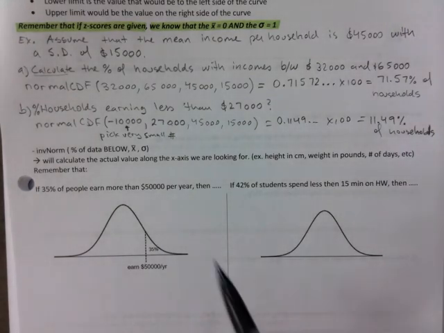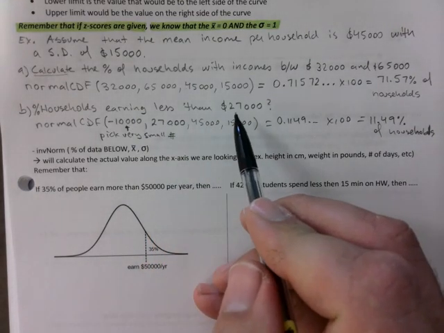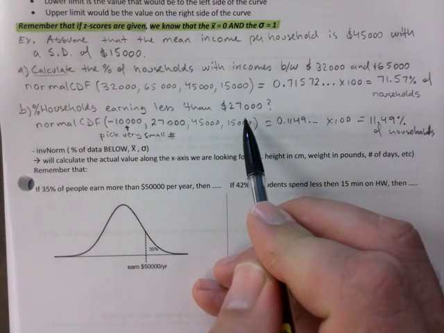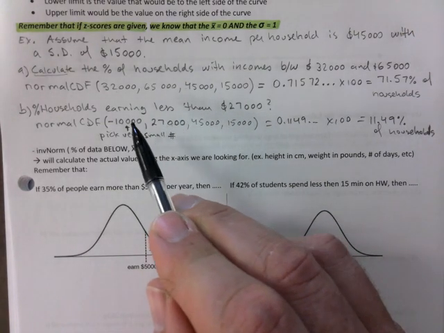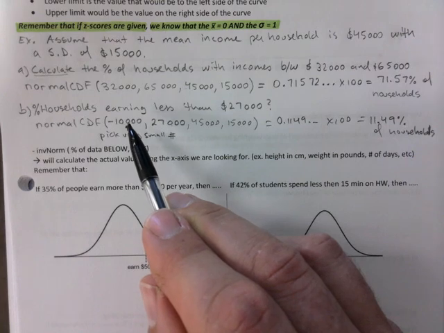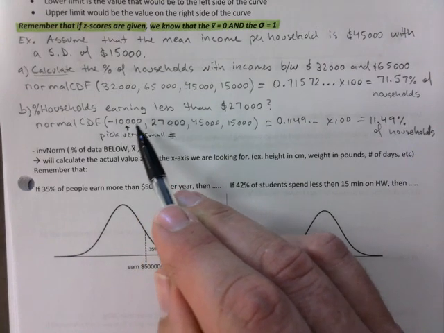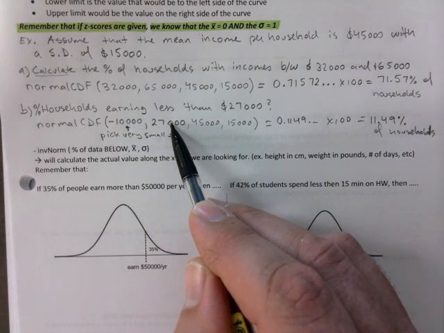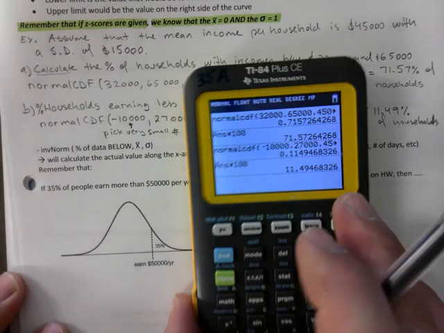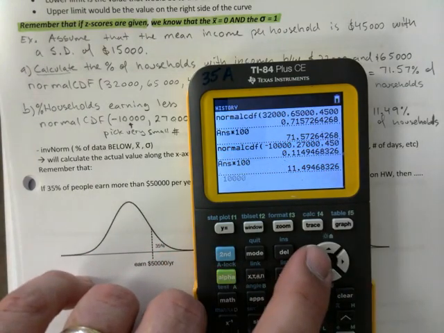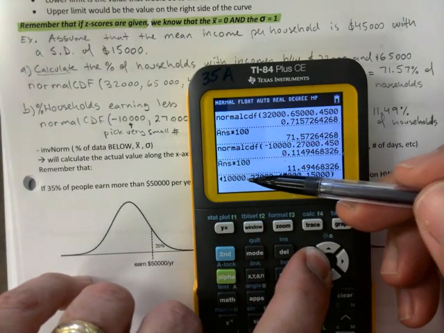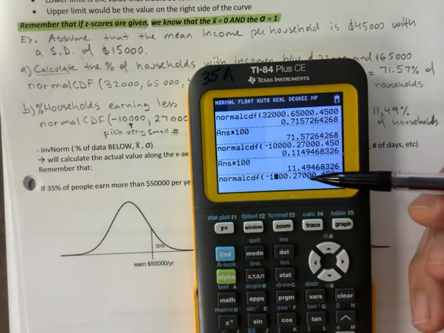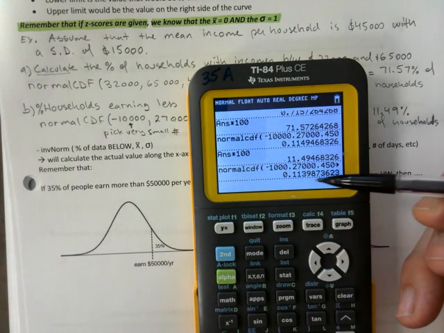So hold on, guys. I don't have space, but what if it says percentage of households earning more than 27,000? Then you would put 27,000 right here, and over here you can put a million or some big number. Let me show you: if I reduce this first number to negative 1,000, I'm going to delete a 0 and hit enter.